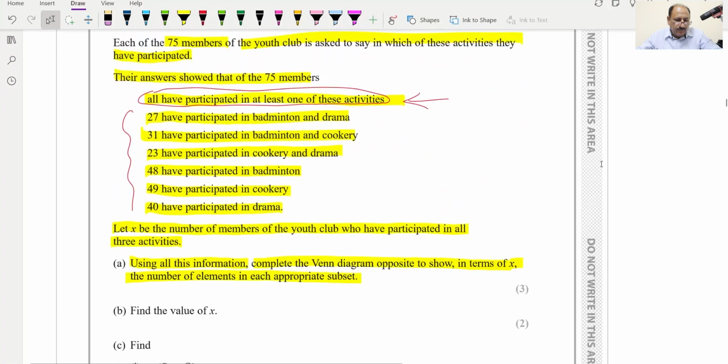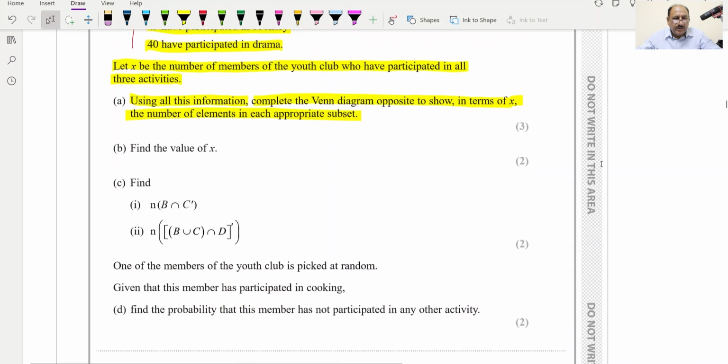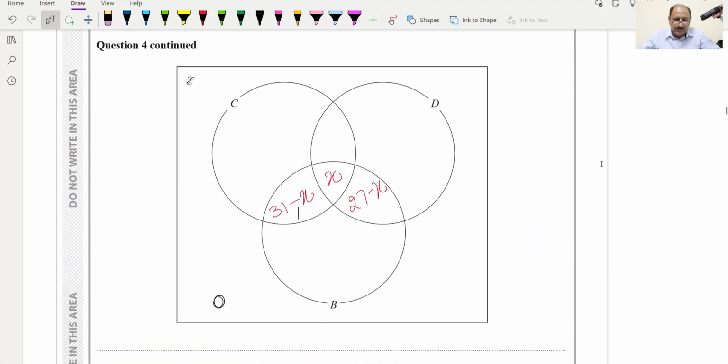Now the next information is 23 have participated in cookery and drama. So 23 in this section, so 23 minus x will be over here.